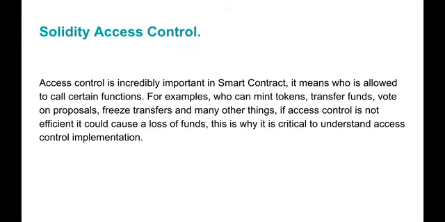It's a very delicate concept, and one needs to be very, very careful about the kind of access that we give to the users and people who have access to some functions of our smart contract, to avoid security issues in smart contracts.